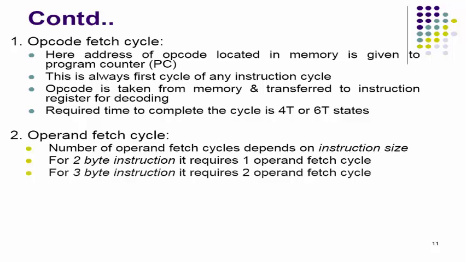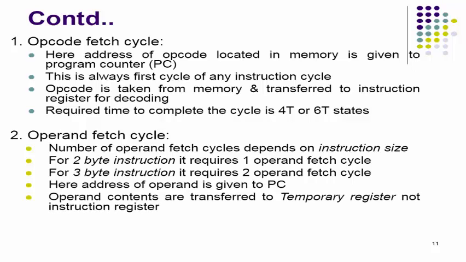For a 2-byte instruction it requires 1 operand fetch cycle, meaning the first byte is always for the opcode and the other byte for the operand. In case of a 3-byte instruction, it requires 2 operand fetch cycles: the first byte for the opcode and the other 2 bytes for the operand. Here the address of the operand is given by the program counter.